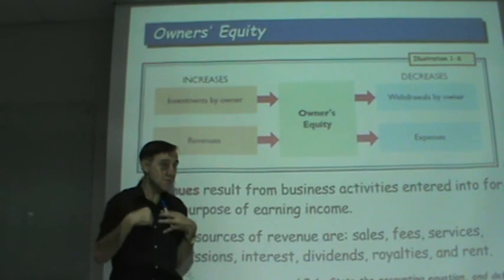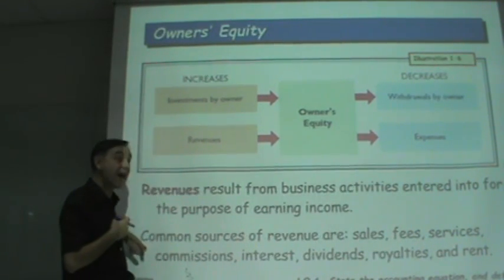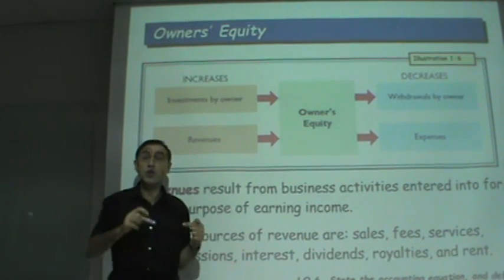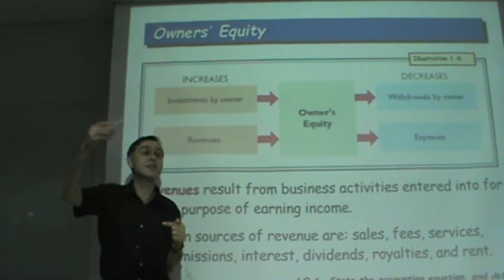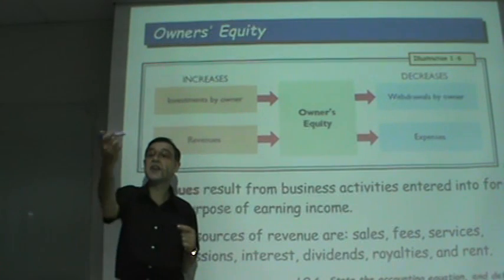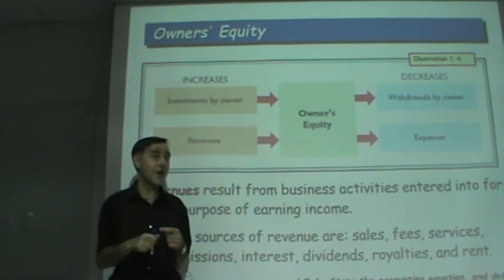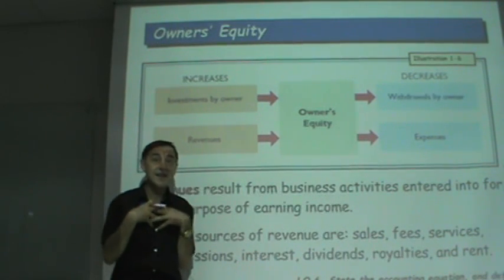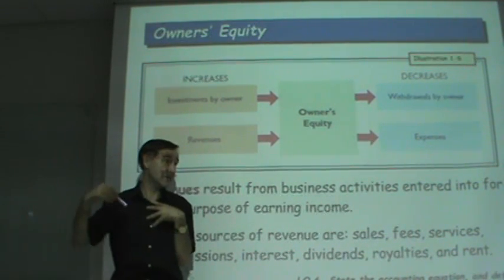When they pay you money, you receive revenue, and it's a rent revenue for you. So you can pay rent, and it's a rent expense, or you can receive rent, and it's a rent revenue. It depends on who owns the real estate and who pays the rent. Okay?